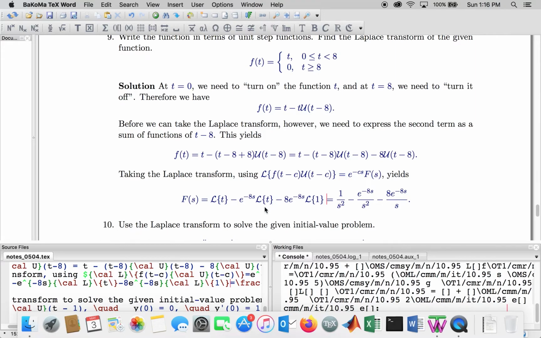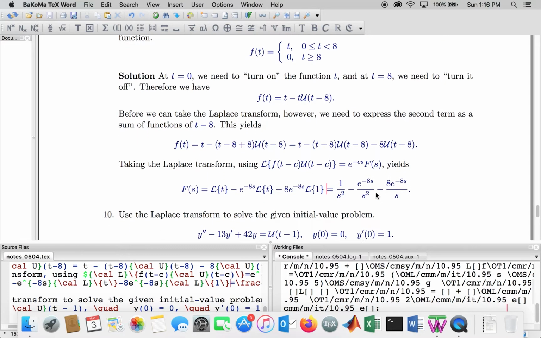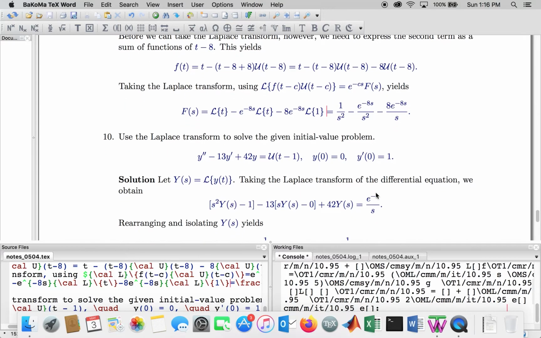Just so you can more clearly see where all the different pieces of these terms come from. All right, the very last problem.